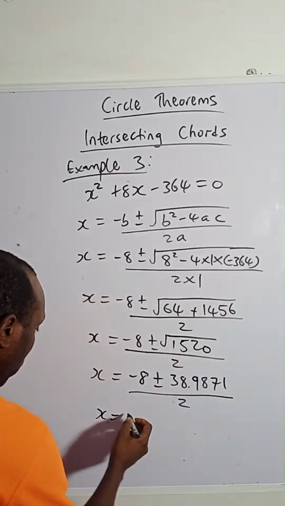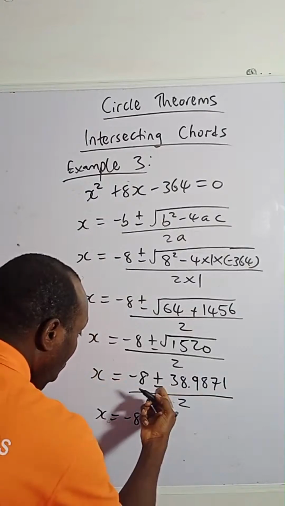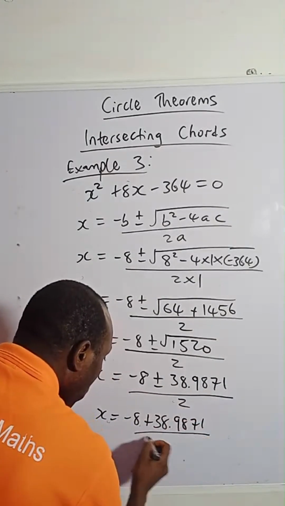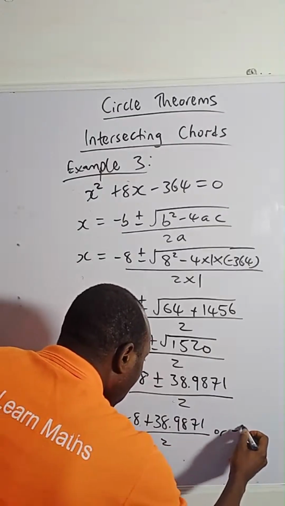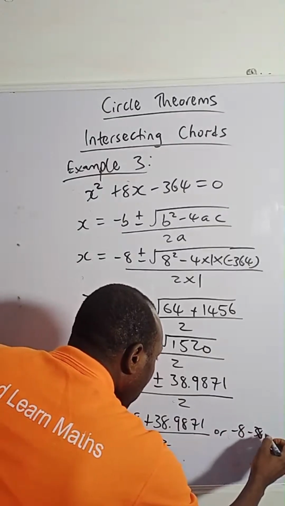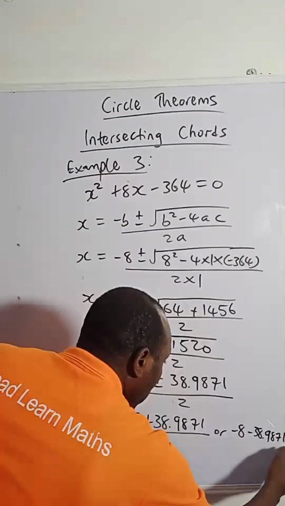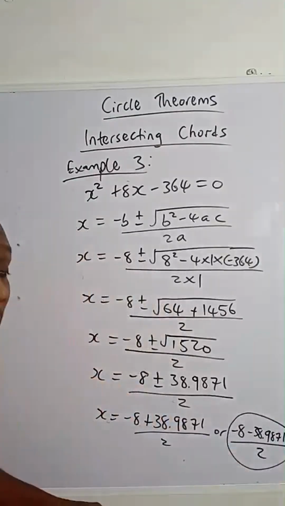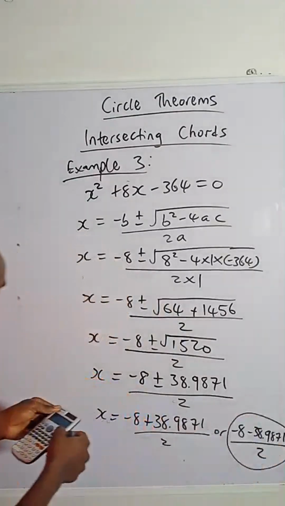So x is equal to minus 8 plus, I'll go with plus first, 38.9871 over 2, or minus 8 minus 38.9871 over 2. Now we're not even going to use this because this one will give us a negative value, so we disregard that.